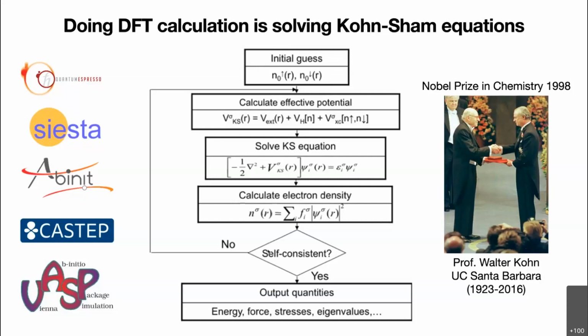Then we compare this output wave function and the initial wave function. If these two are the same within some criterion, then the calculation is finished. And after calculations, we get the energy, force, stress tensors, eigenvalues, and other properties of the material. So this is how DFT works.